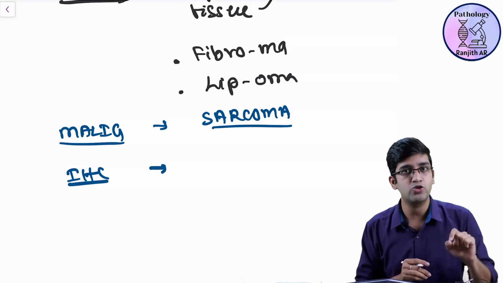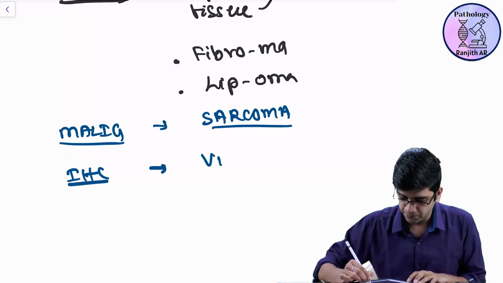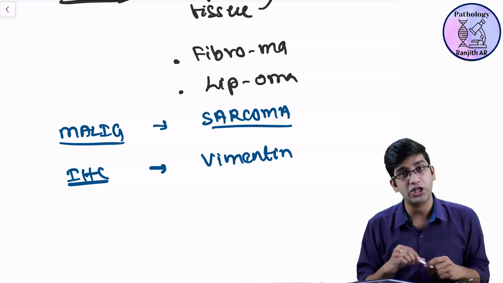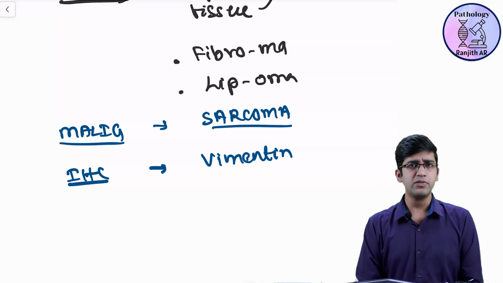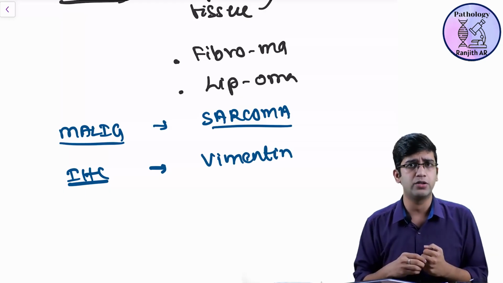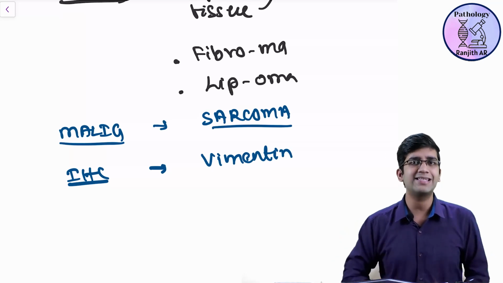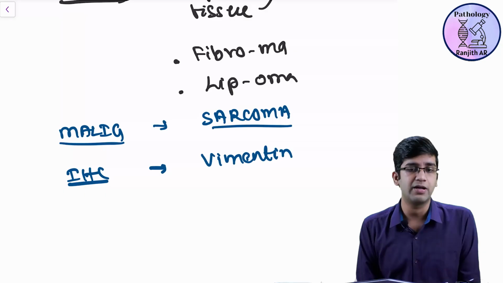The IHC or immunohistochemistry marker for mesenchymal tissue is Vimentin. Okay? Again, this is a sensitive marker, not a specific marker, right? Because it's positive for every mesenchymal tumor, for sarcoma, leiomyoma, lipoma, everything. So obviously it's a sensitive marker, not a specific marker, right?